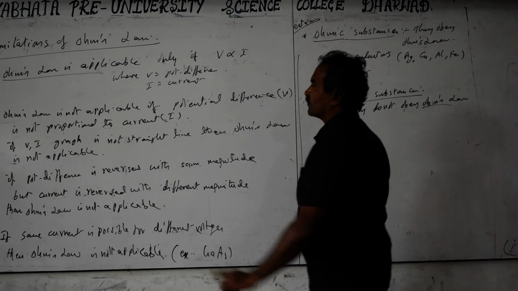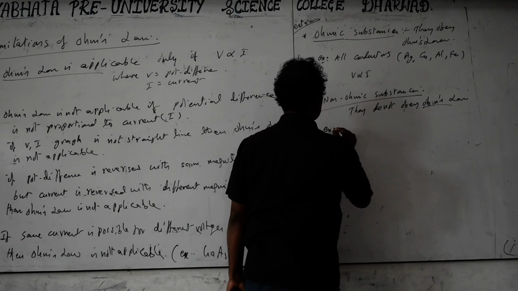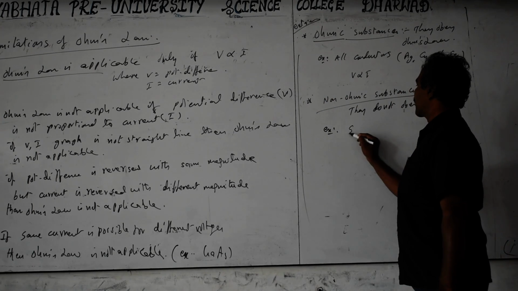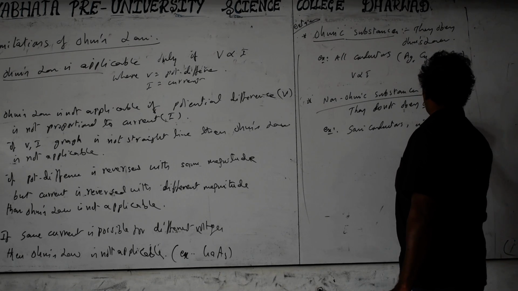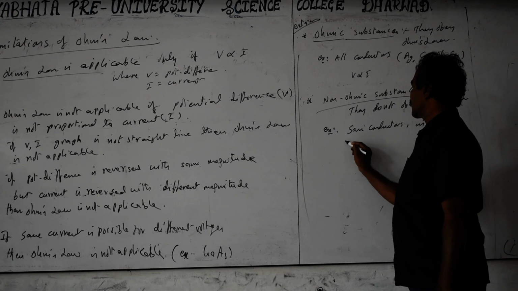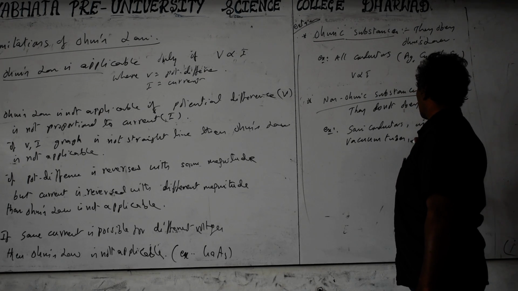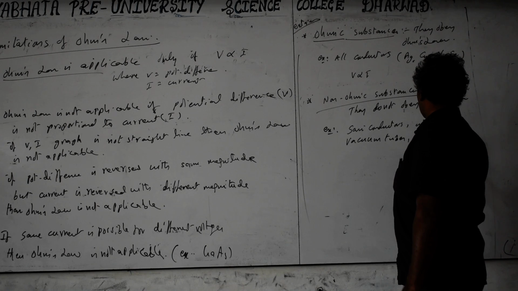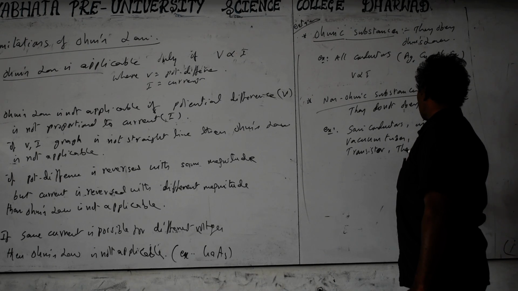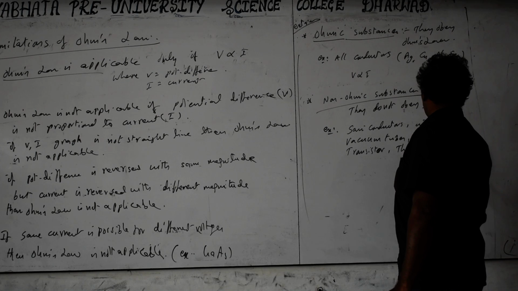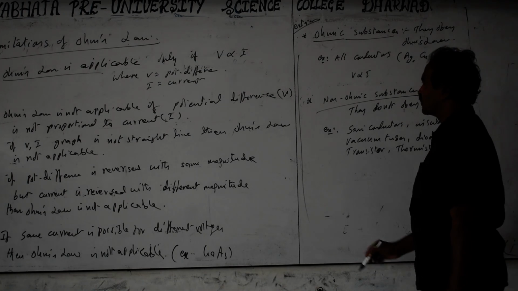Examples of these non-ohmic substances are semiconductors, insulators, semiconductor devices, vacuum tubes, diodes, transistors, thermistors, and even gallium arsenide compounds. These are some examples.